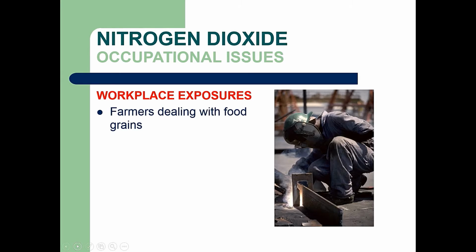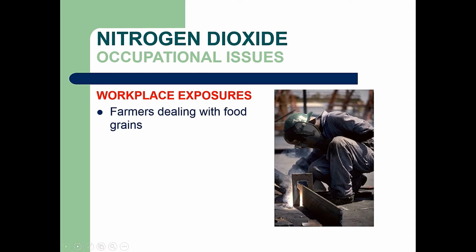Let's first look at occupational issues. One of the first occupational illnesses I remember learning about as a student was silo filler's disease. And I thought, I will never imagine myself working around silos, but okay, I was interested in learning about this disease. This respiratory illness afflicts farmers exposed to nitrogen dioxide when some of these nitrogen-containing materials such as corn and grains ferment.